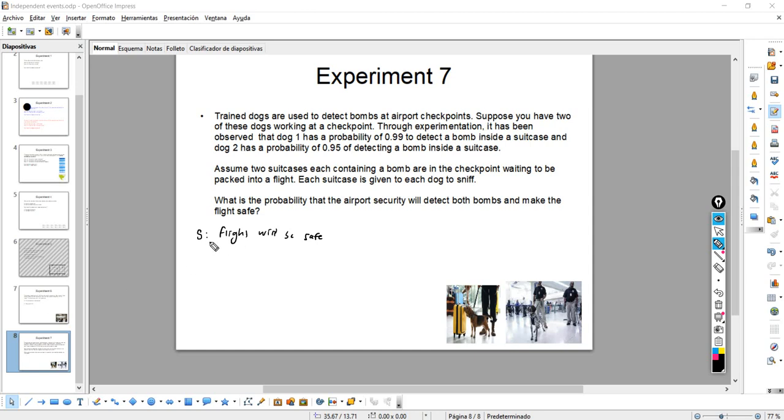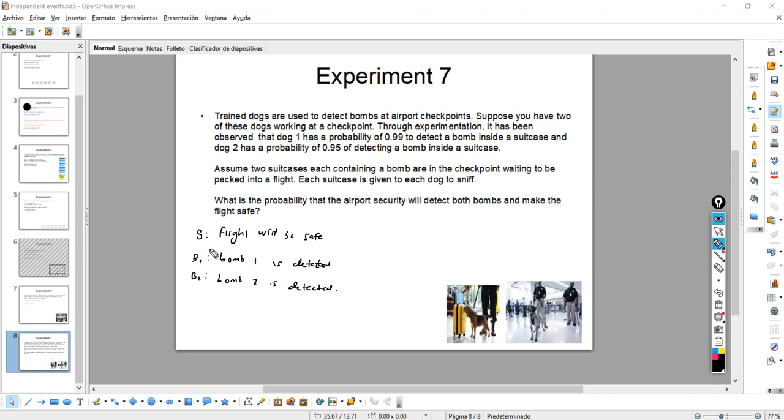Just like before, how can I reinterpret or rephrase this event? Well, I can create two other events, B1 and B2. The event B1 for me will be that bomb 1 is detected, and B2 is the event of bomb 2 being detected.